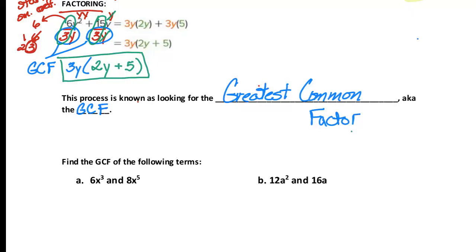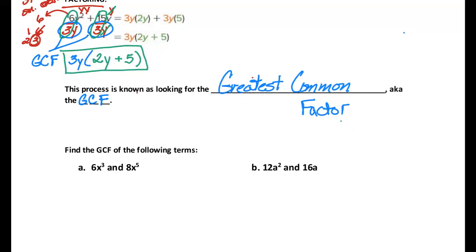So we'll be like, look for the GCF. And that is the first step always in trying to factor a polynomial, is to look for the GCF. Okay? All right.